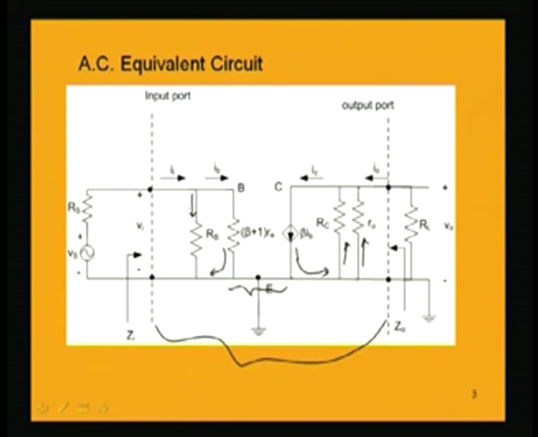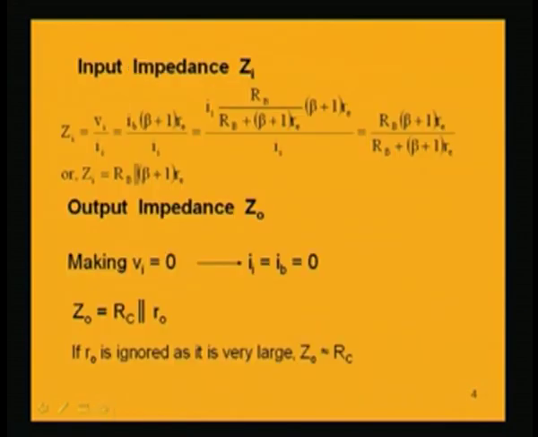So, expressing Ib that way, Ib is equal to Ii into Rb by Rb plus (beta plus 1) into Re, and the remaining term is (beta plus 1) into Re divided by Ii. Now, we can very well cancel Ii and Ii. So, we are left with Rb into (beta plus 1) Re divided by Rb plus (beta plus 1) Re. This is the exact expression for the input impedance for this amplifier in the fixed bias mode.